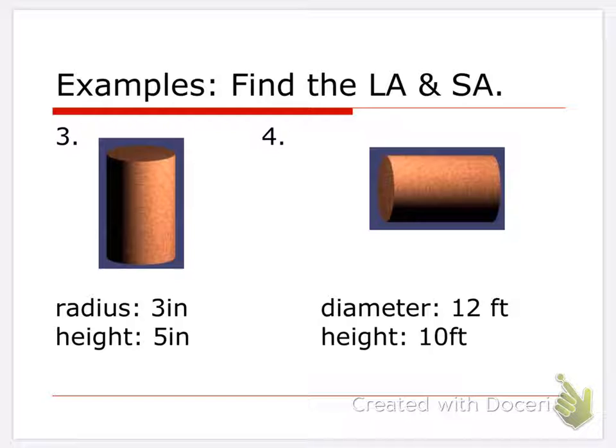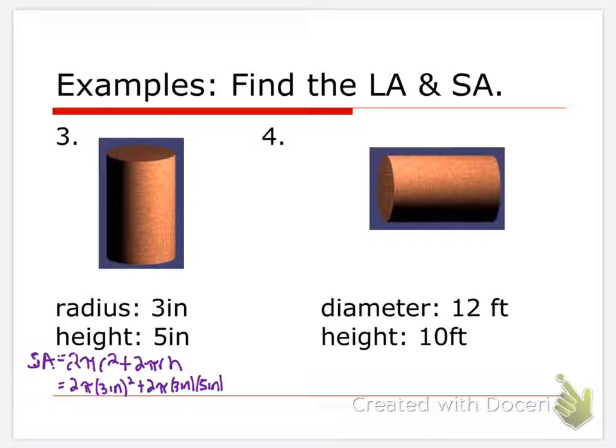So let's go with the surface area. We know the formula is 2 pi r squared plus 2 pi r h. So 2 pi times 3 inches squared plus 2 pi times 3 inches times 5 inches.